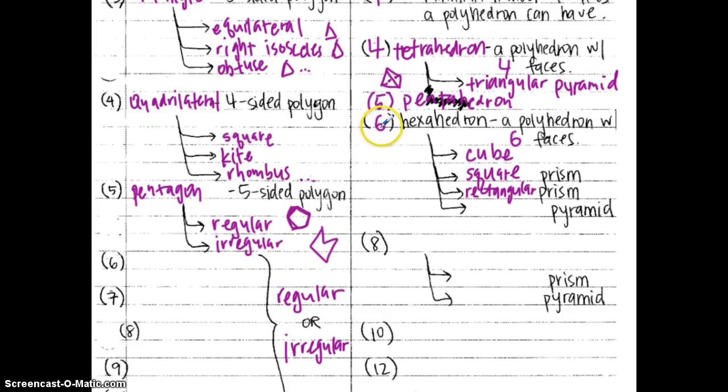So that will be a pentagonal pyramid. So 1, 2, 3, 4, 5, and then I'm going to drop those edges down this way. So it's a pentagon as a base, and then they're all triangles on the sides. So that would be a pentagonal pyramid.